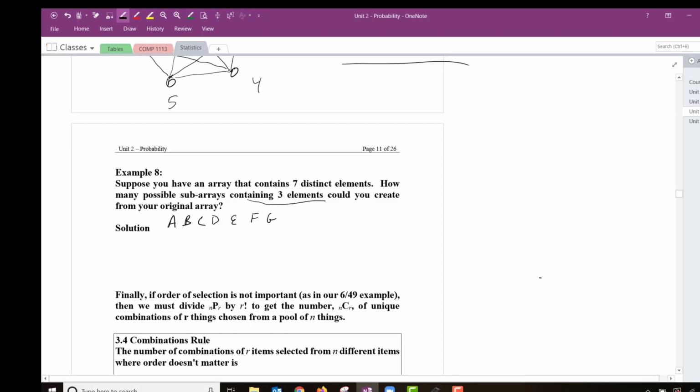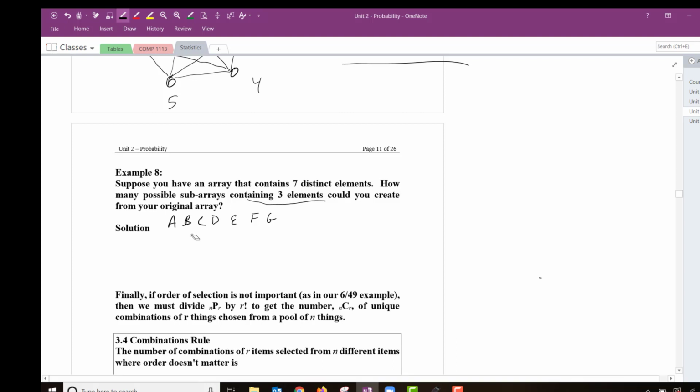And then I'm going to take selections of size 3. How many different ways can I do that? Does the order of these really matter? I guess part of the question is, is A, B, C, D, E, F, G different than B, A, C, D, E, F, G? Because that will affect what our answer would be.